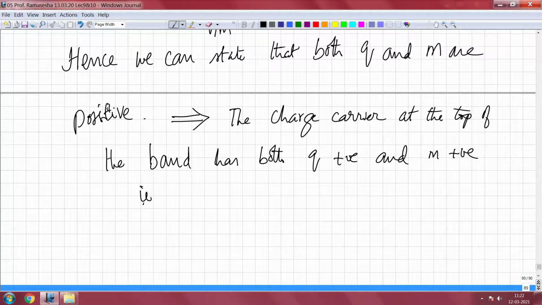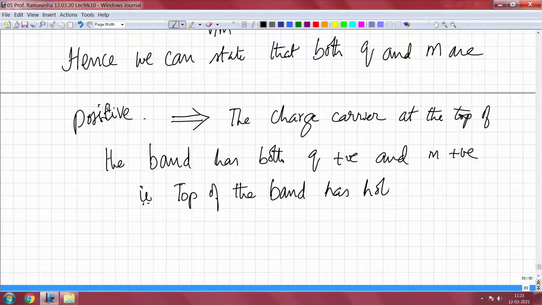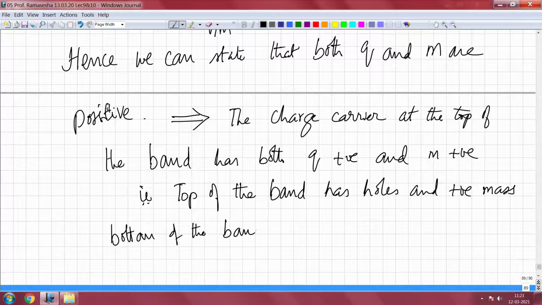That is, the top of the band has holes and positive mass, and the bottom of the band has electrons and positive mass.